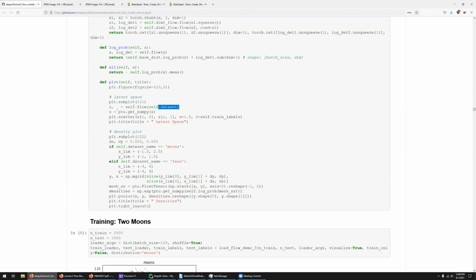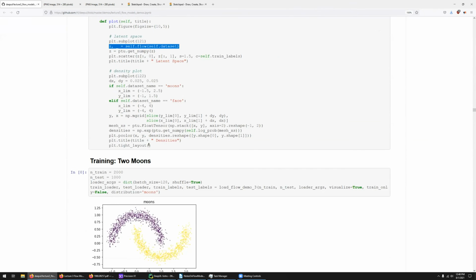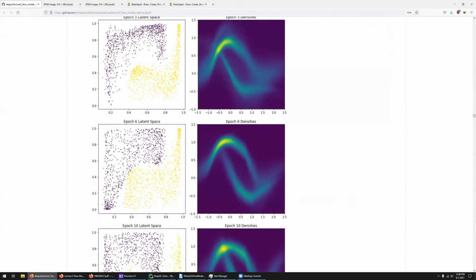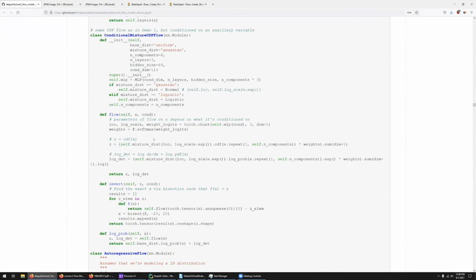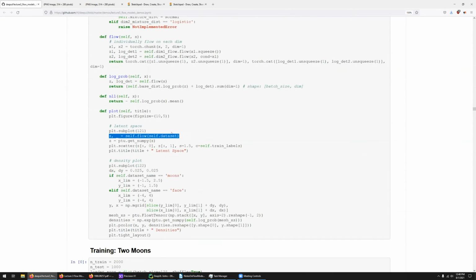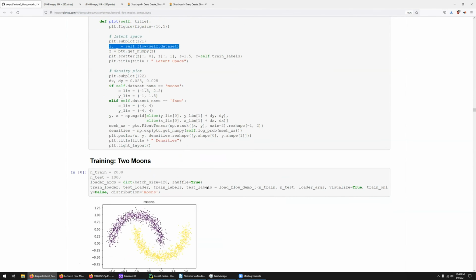So you take the data set, right, and then you move it to Z. You flow it to Z. So it basically goes F theta of X and Z, and you're just plotting Z. I don't know what plotting Z gives you, but there's an interesting thing that the last layer goes into train and test.